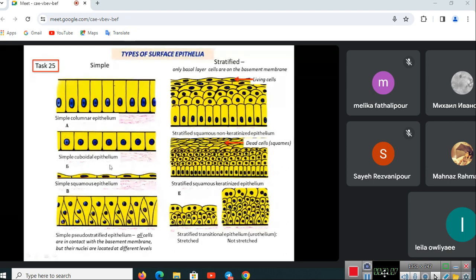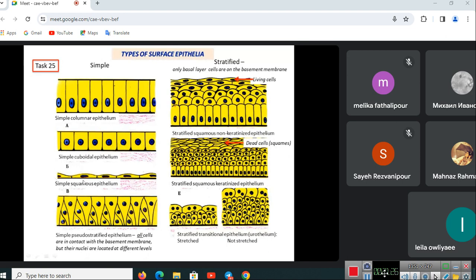Next, simple cuboidal epithelium, as you can see from this name, have the cuboidal cells. They are square in the two-dimensional picture, and these cells have round cell nuclei.